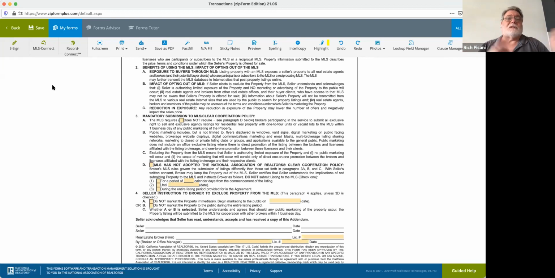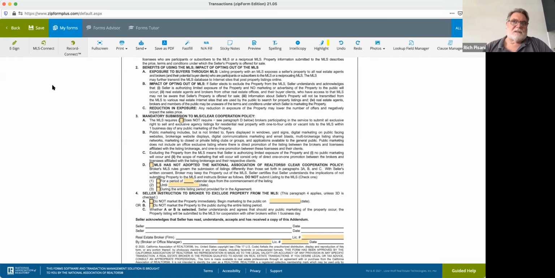Now, violations for violating clear cooperation vary MLS to MLS. CRMLS, I think it's up to $3,500 a violation. I think it's 1% of the list price up to $3,500.